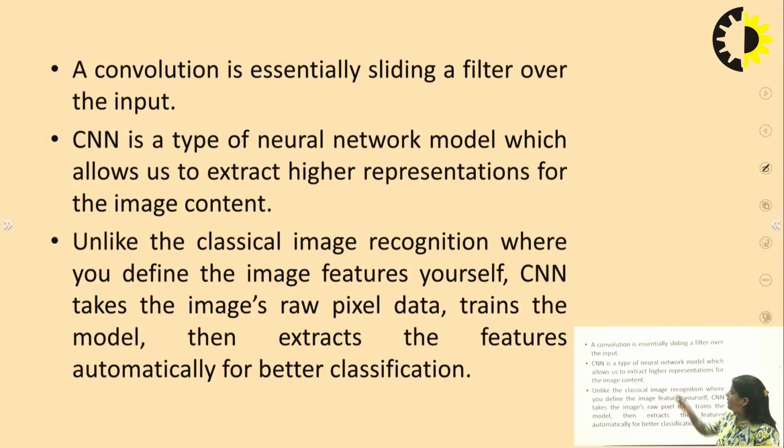The first layer is the convolution layer, and in that layer we essentially slide a filter over the input. As I already told, we have to filter the images. If my image is in the form of a matrix, we convert the image into a 2-dimensional matrix.